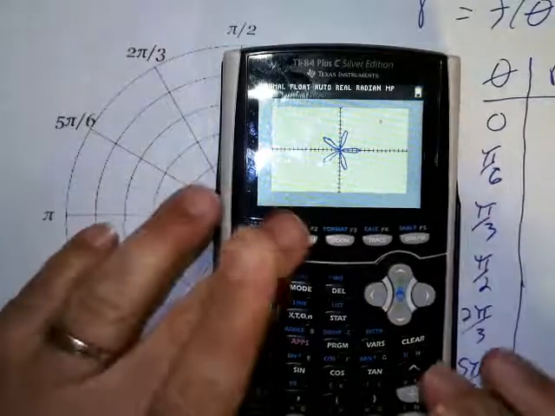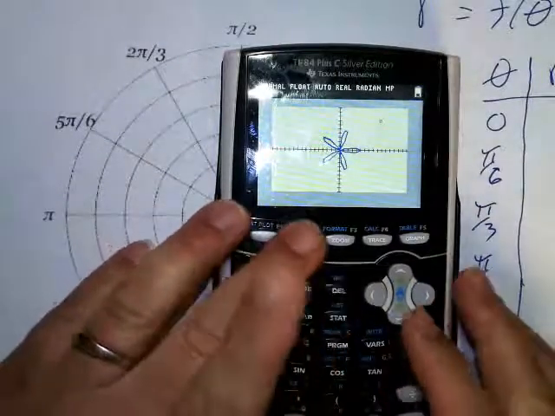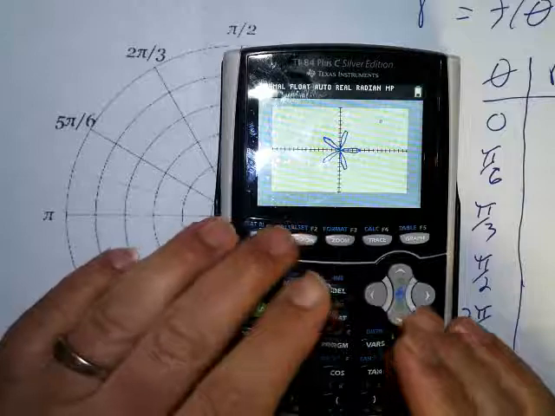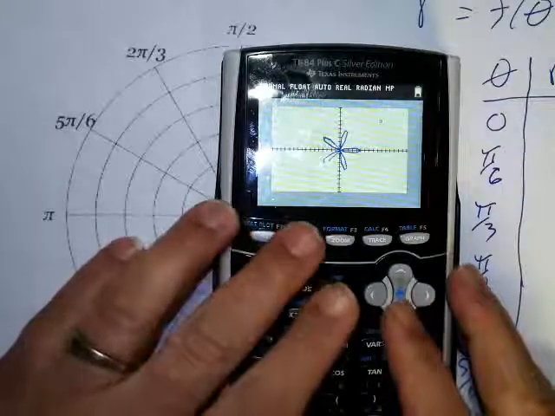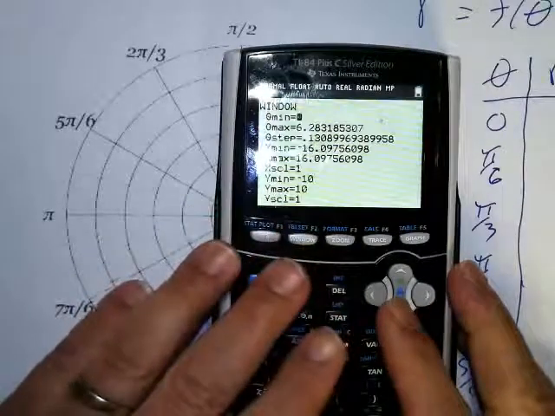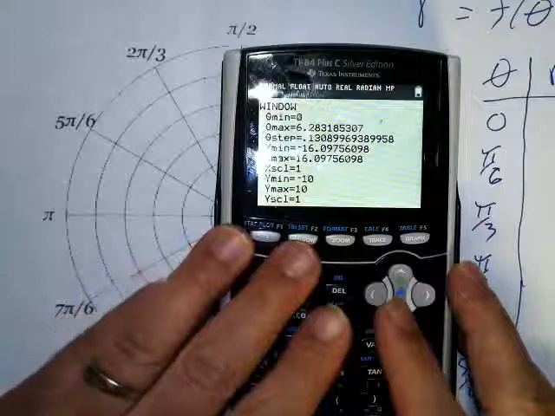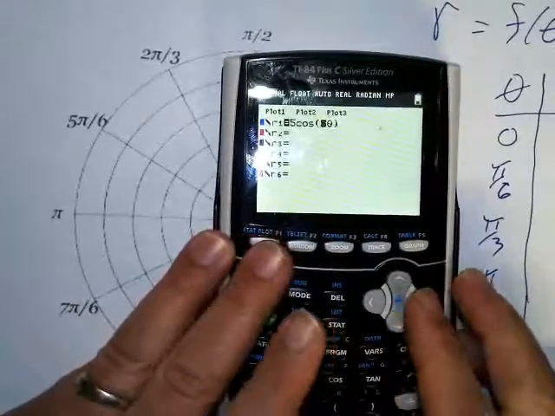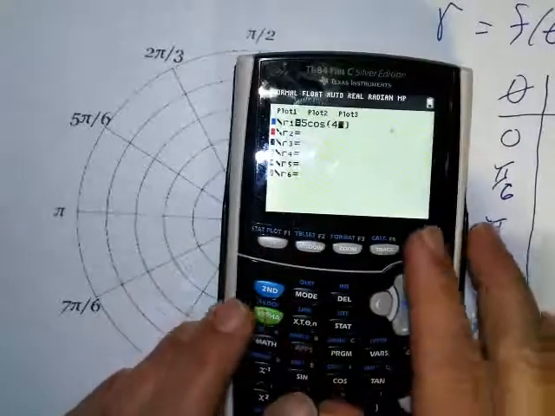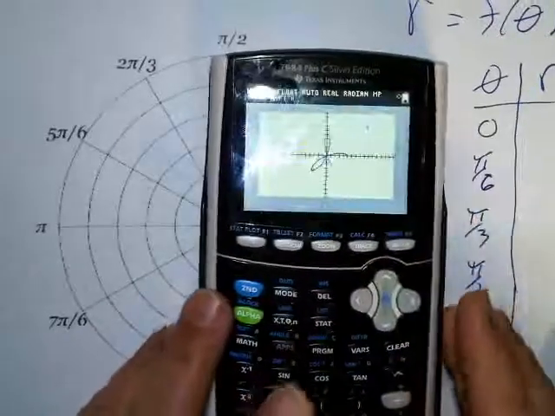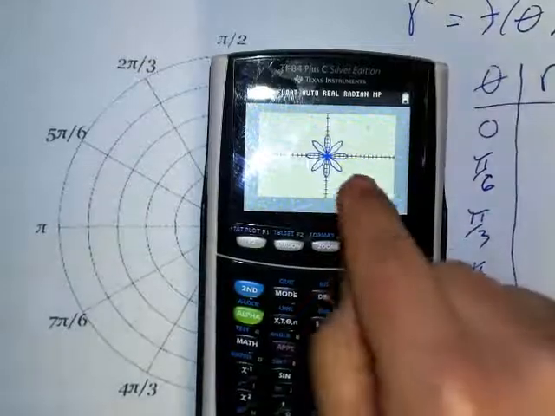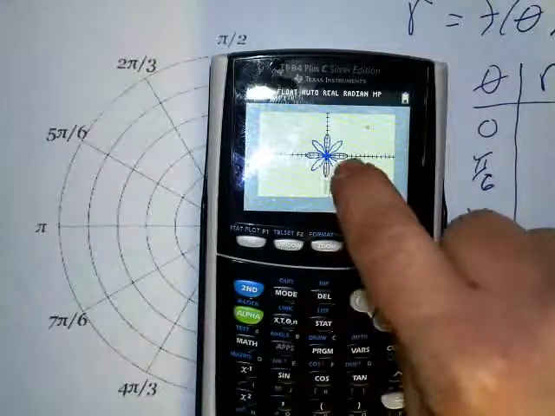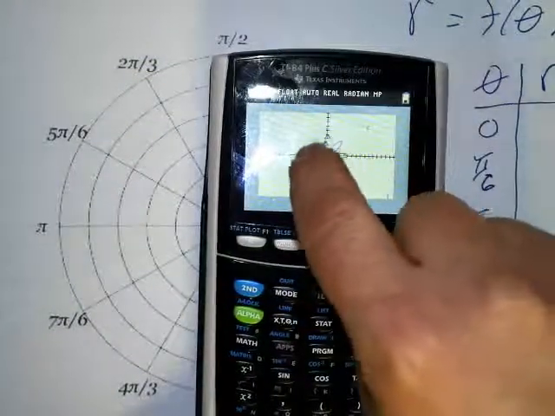Here is the reason: when I had 4 and I did this, as it goes through and it comes back here, it's off center and it keeps doing it.